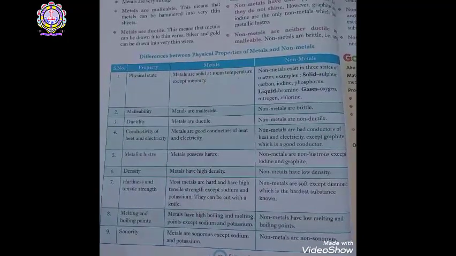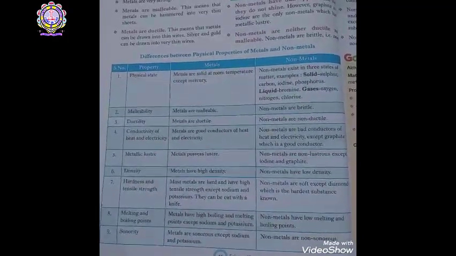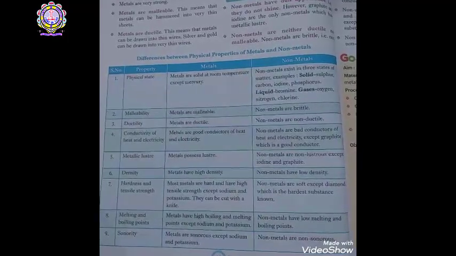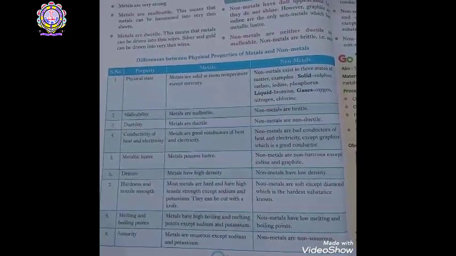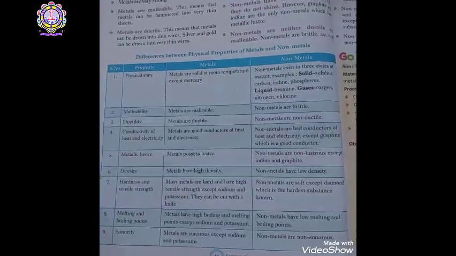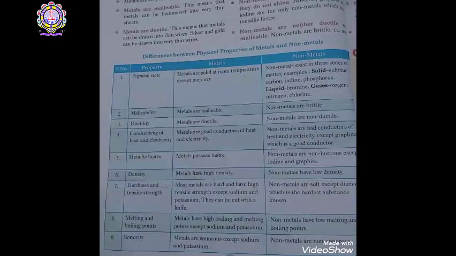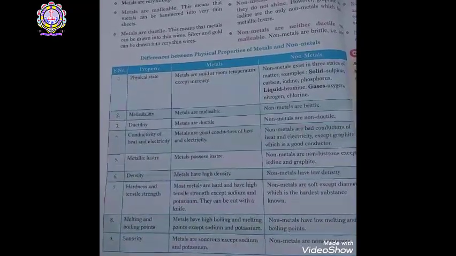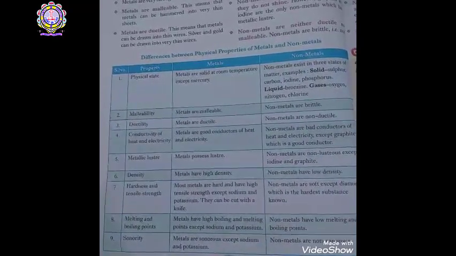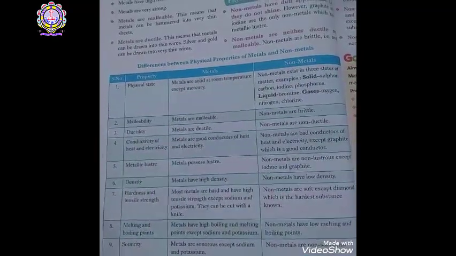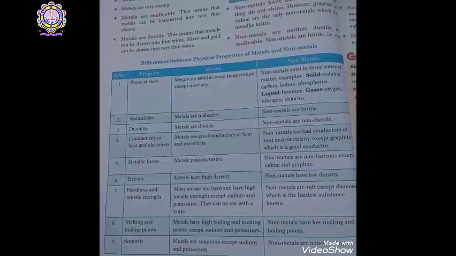All points were explained in detail in this video. Note down these tables in your notebook and solve some questions with their help.